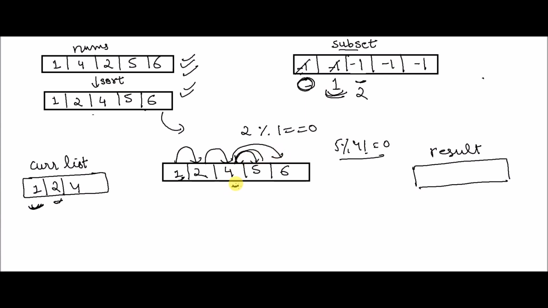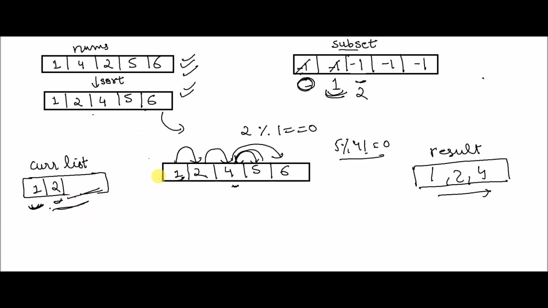So from 4 we have made all of our recursive calls, so we have to retract back. First of all, I'll add this current list in my result. So 1 2 4 will be added in my result, and now I'll retract back from 4, removing it from our current list because we have made all the recursive calls from 4.